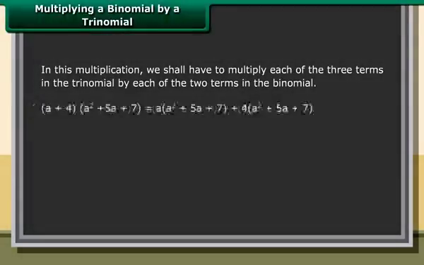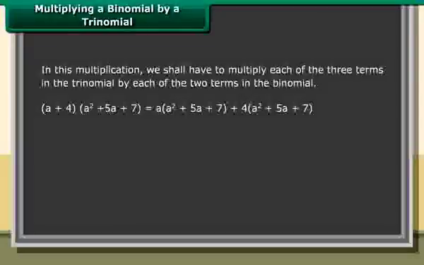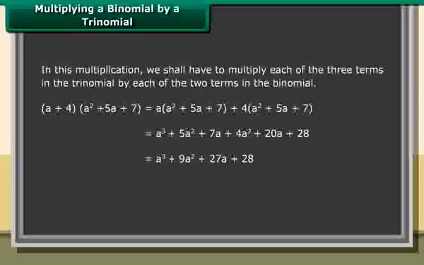A plus 4 into a square plus 5a plus 7 is equal to a into a square plus 5a plus 7 plus 4 into a square plus 5a plus 7, which is equal to a cube plus 5a square plus 7a plus 4a square plus 20a plus 28, which equals a cube plus 9a square plus 27a plus 28.